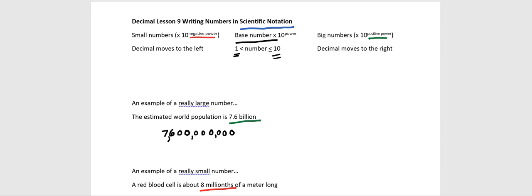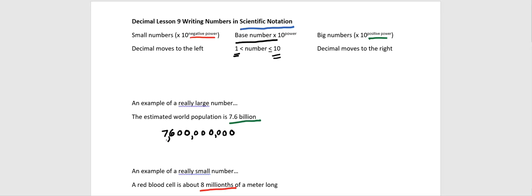Okay, so we want to take that number and convert it to scientific notation. So the first thing we need to do is to turn this number into a base number that is at least 1 but less than 10. So if you visualize the decimal point, it's down at the end of the number right now. Now think about where that decimal point would have to move to create a number that's at least 1 but less than 10.